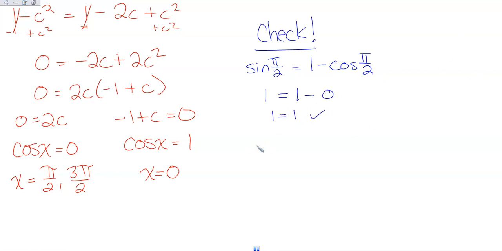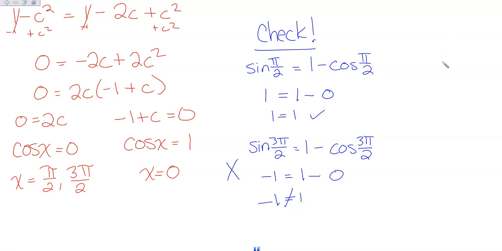So then we're going to check 3 pi over 2, so I'm going to do the same thing, but with 3 pi over 2, and 1 minus the cosine of 3 pi over 2. And the sine at 3 pi over 2 is negative 1, and the cosine again is 0. So I'm going to have negative 1 equals 1, which is not true. So this is not a valid solution.